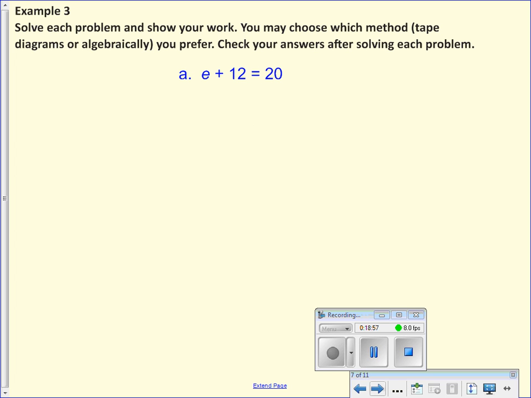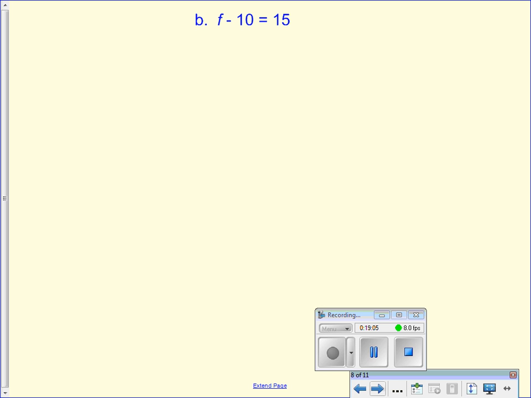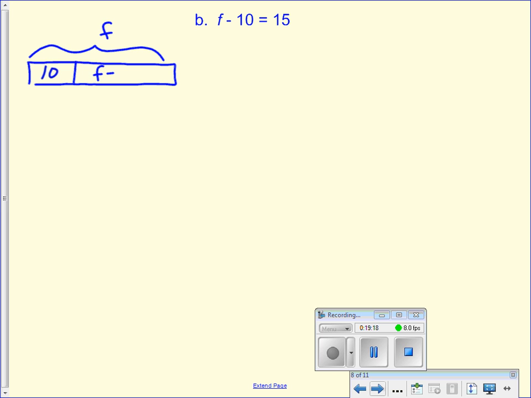All right, let's try another one. Do you want to try an addition one or a subtraction one? Subtraction. Let's do one more subtraction. So B, F minus 10 equals 15. So here, my full quantity that I have is F. I'm taking away 10. So F minus 10 equals 15.